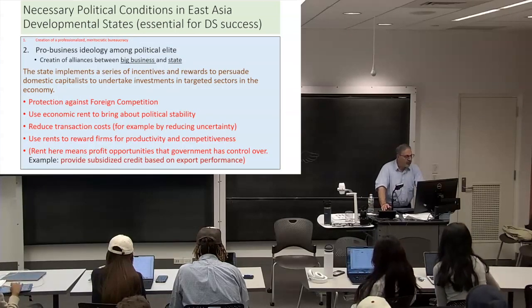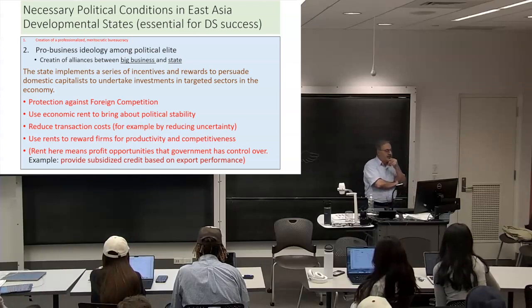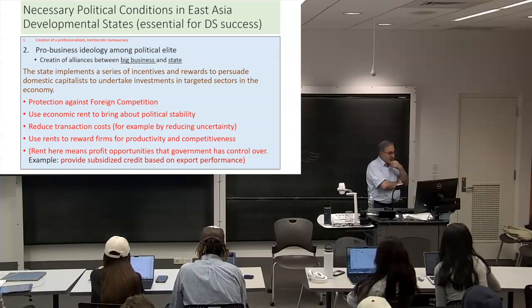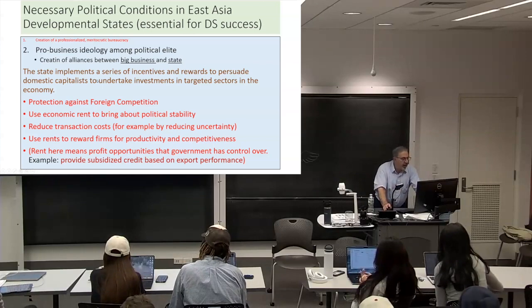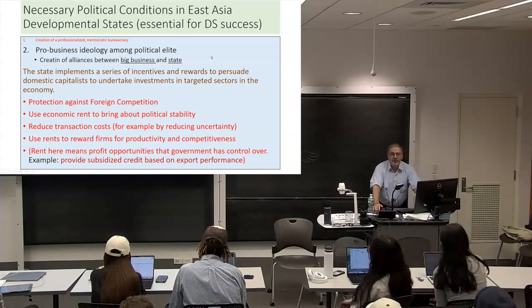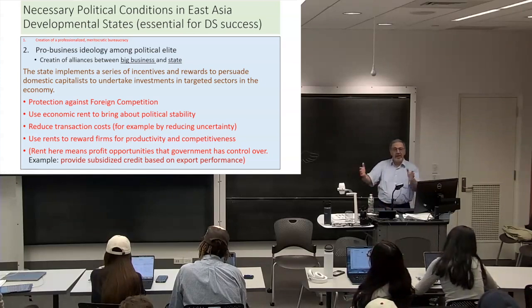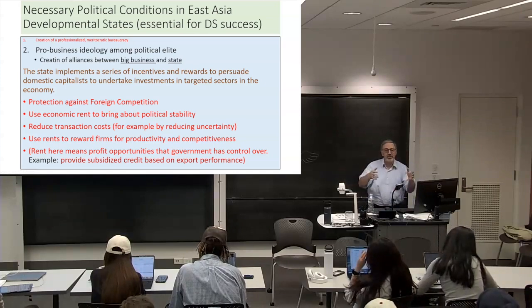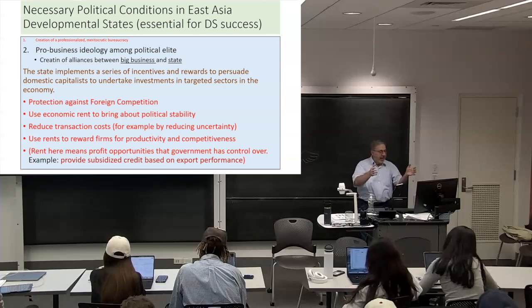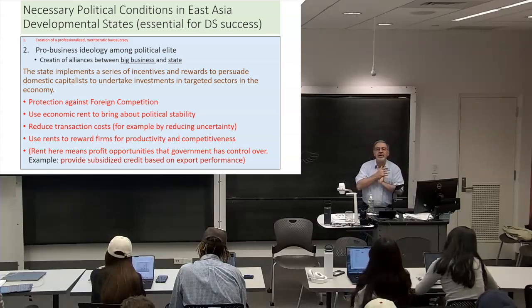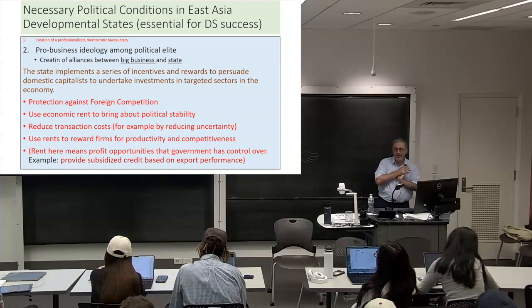Okay, what about pro-business ideology? What does that mean? Often in practice, the government tries to create an alliance and develop close cooperation between the government, bureaucracy, and large corporations that are involved in industrial production.